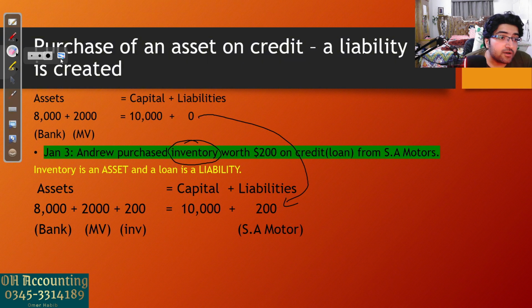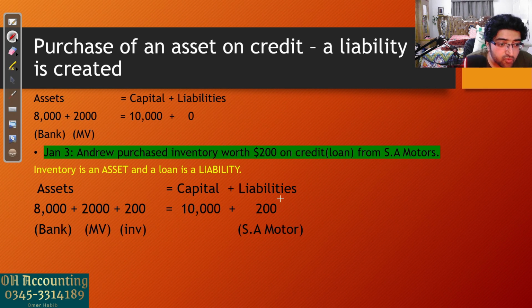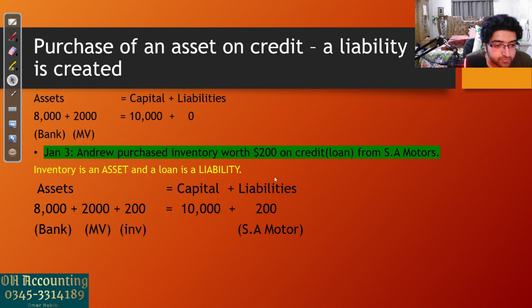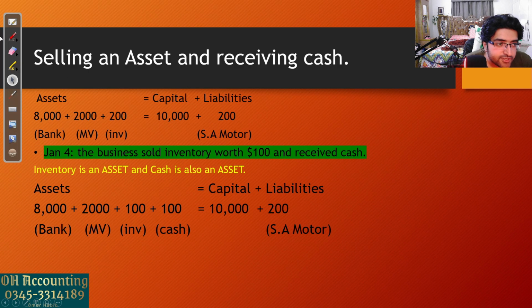Okay, erasing all this, moving this last one forward to the next slide. So this is the impact of the last transaction. This is how our accounting equation looks like right now. Let's read the next transaction.